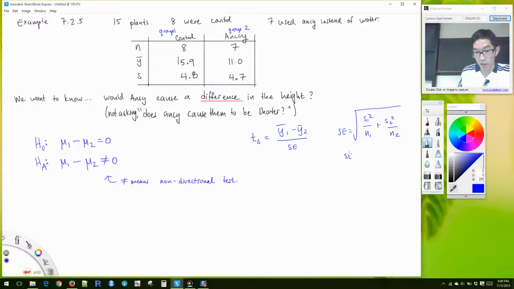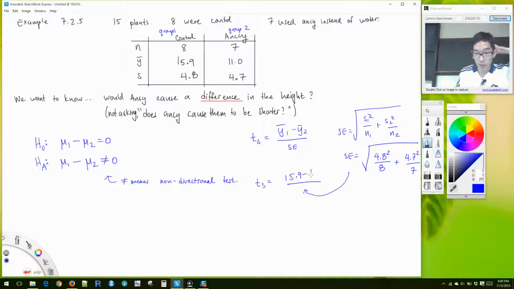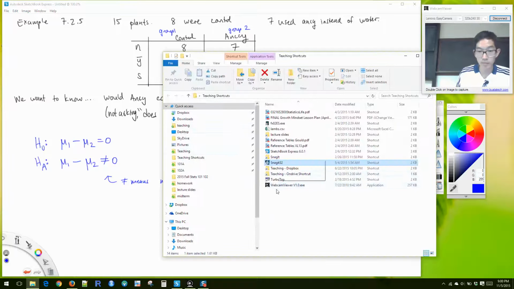So our standard error is 4.8 squared over 8 plus 4.7 squared over 7. And our test statistic will be 15.9 minus 11.0 divided by our standard error.